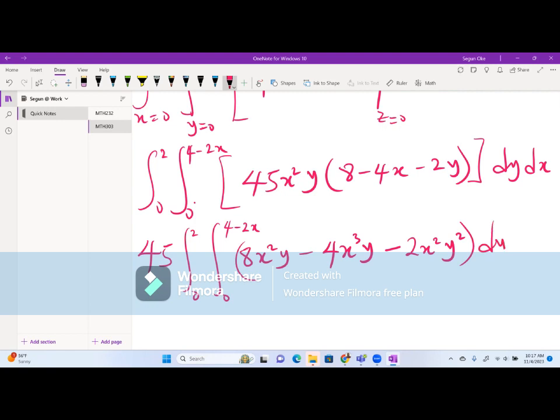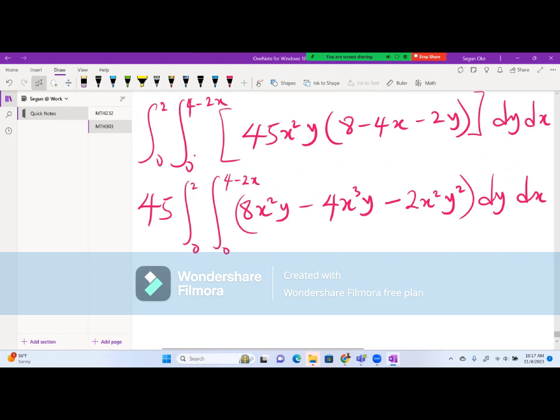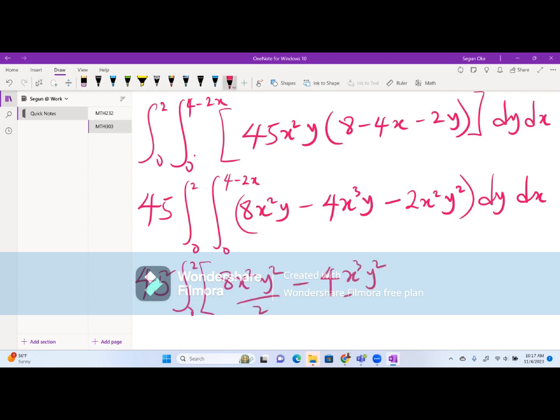Yes, sir. dy dx. I can now go ahead and integrate y with respect to y. If I integrate with respect to y, don't forget my 45 is here, integral of 0 to 2. I'm going to have 8x squared y squared over 2 minus 4x cubed y squared over 2 minus 2x squared y cubed over 3, then 0 to 4 minus 2x dx.